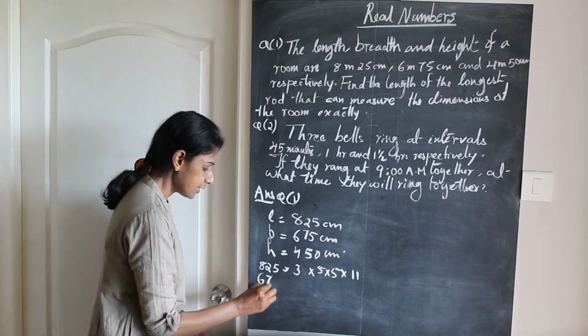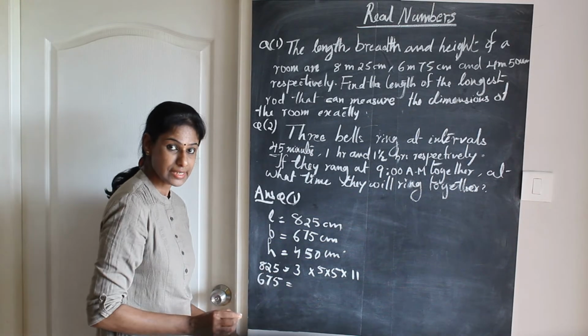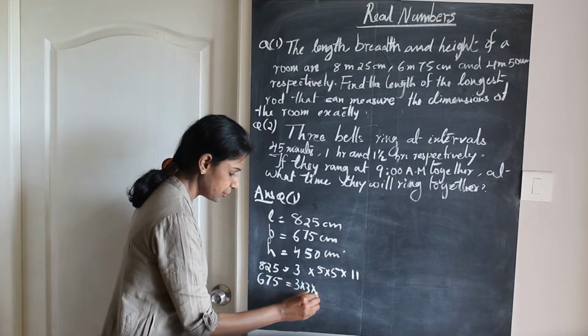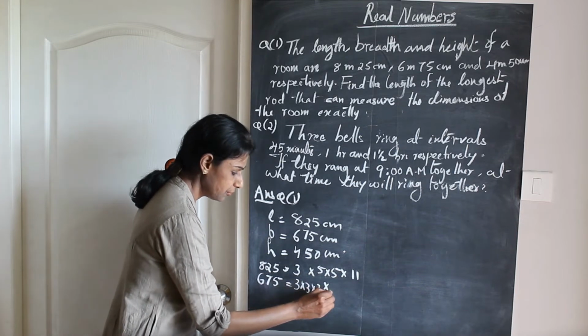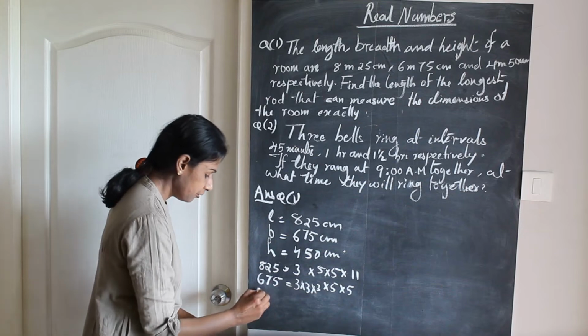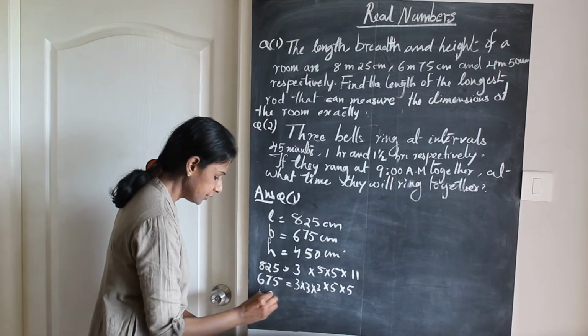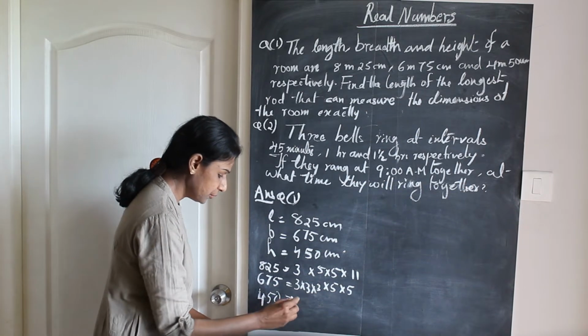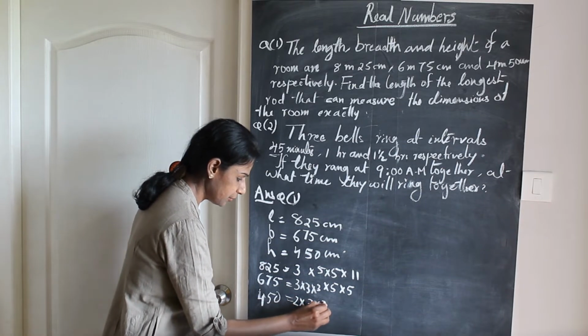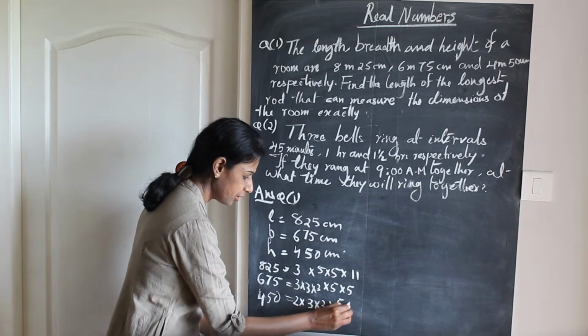Then 675 will be equal to 3 into 3 into 3 into 5 into 5. And 450 will be equal to 2 into 3 into 3 into 5 into 5.